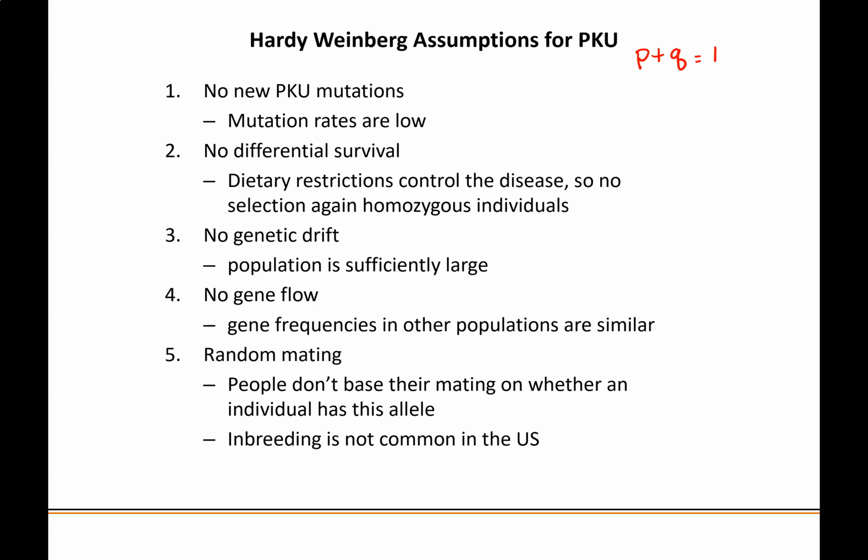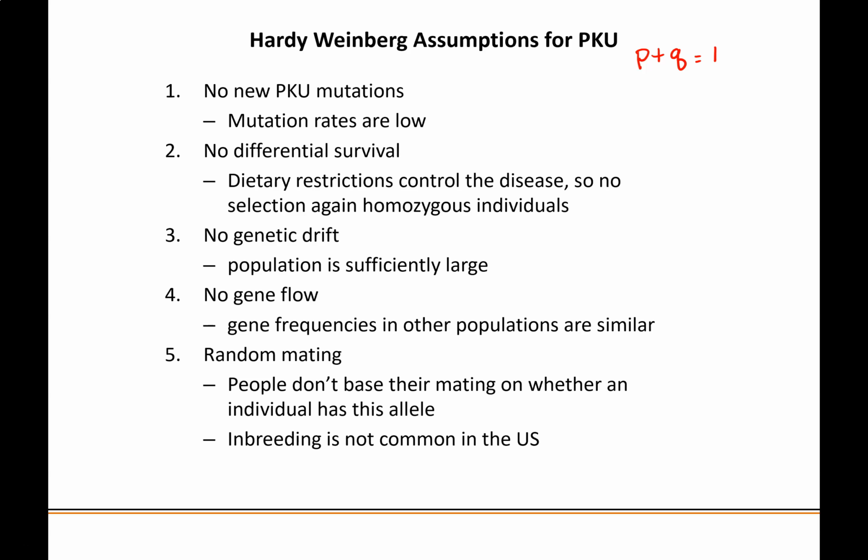We can assume this because the worldwide population, or even just the US population, we actually use the US data, is sufficiently large so that genetic drift is not going to have a large effect on this population, meaning that the allele frequencies for PKU are not going to change by chance because the population is so large.